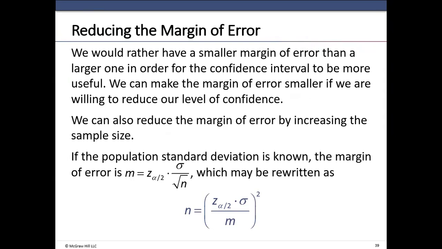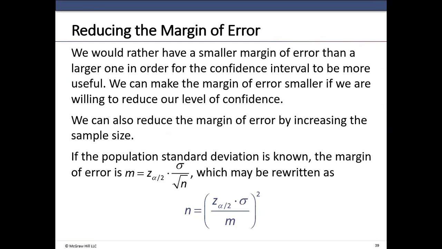You know the confidence level that will be given to you, so you can find the critical value of Z alpha by 2. The population standard deviation is given. So n is Z alpha by 2 times sigma divided by margin of error, squared. So we can reduce the margin of error by increasing the sample size.